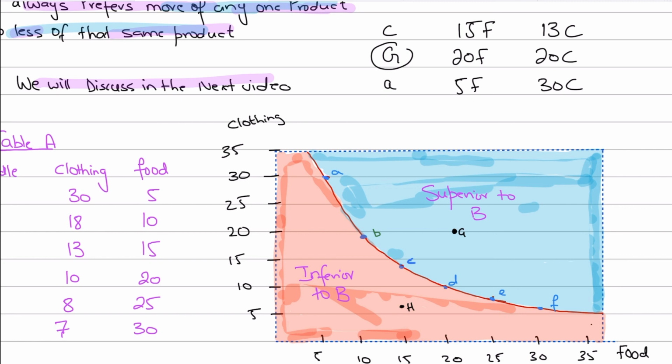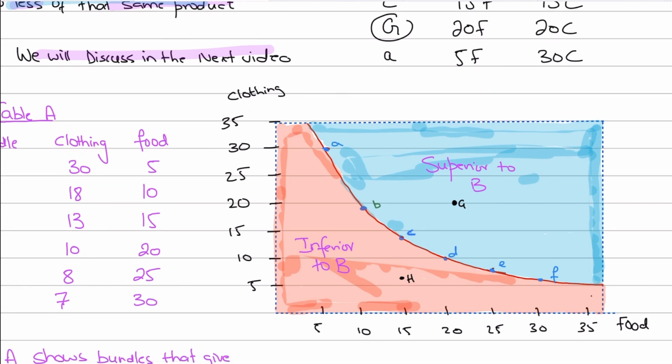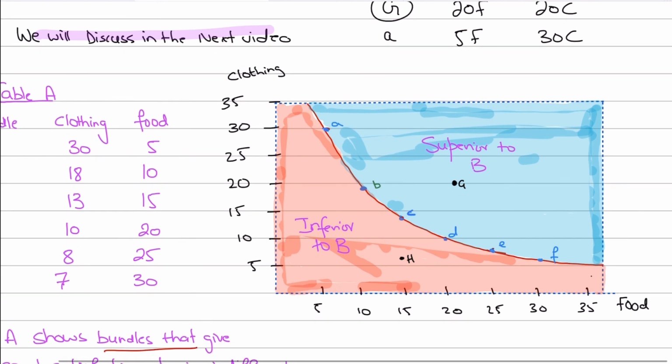And guys, we can also make the same argument for any point that is below and to the left of the indifference curve, that is in the red region, such as point H, which has 15 food and, let's say, seven clothing.